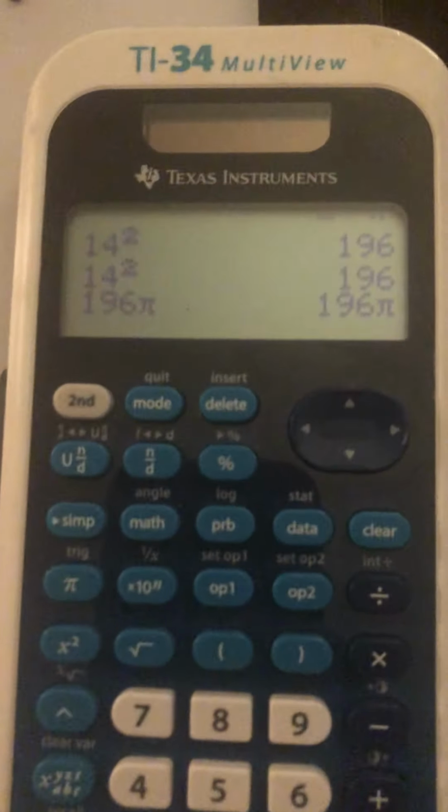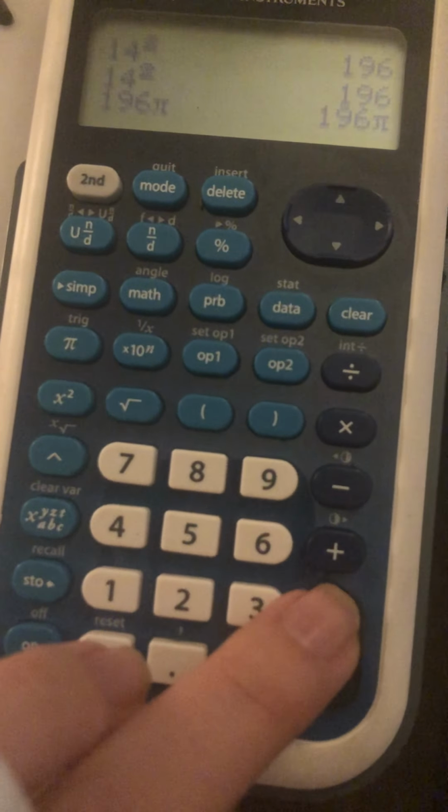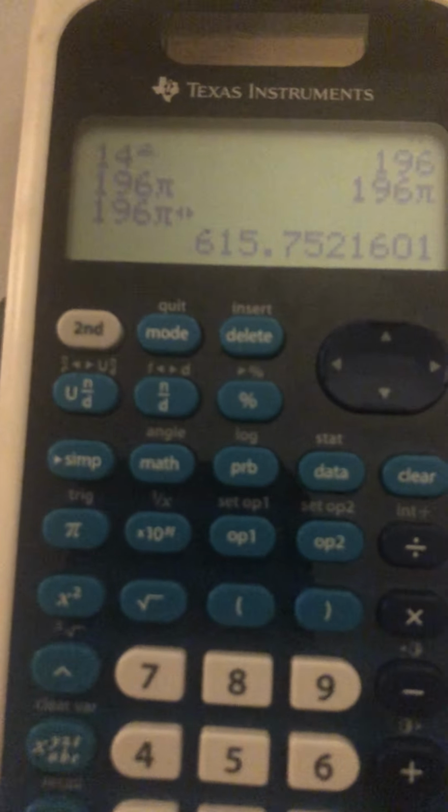As a reminder, if you are using this calculator and you see that pop up, you just press those 2 arrows above enter, and it will take it out of pi for you. So I'm going to write this here just to make sure I remember to go over that with you. This was 196 times pi. I just swapped it using the commutative property.